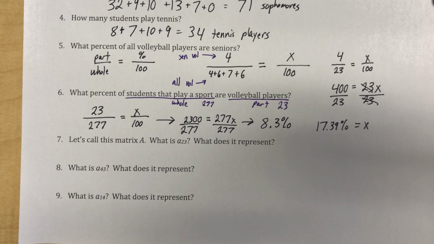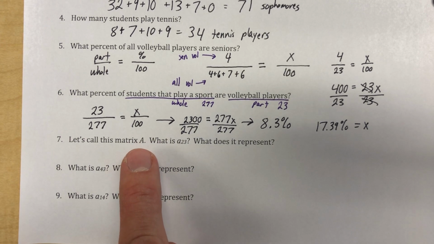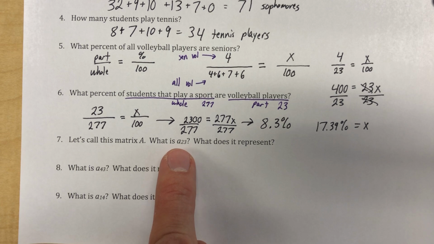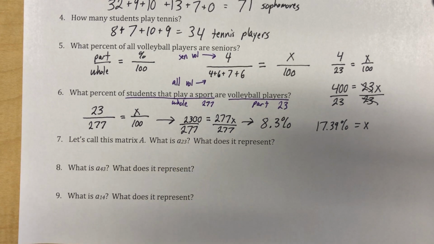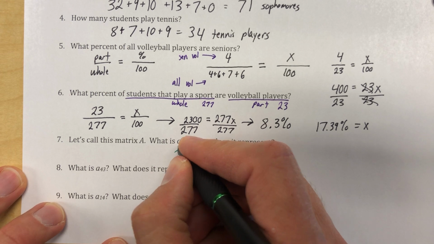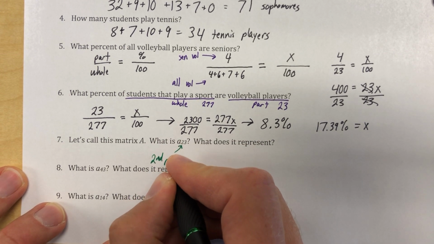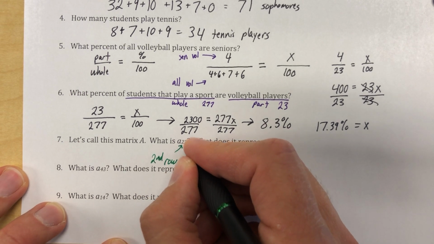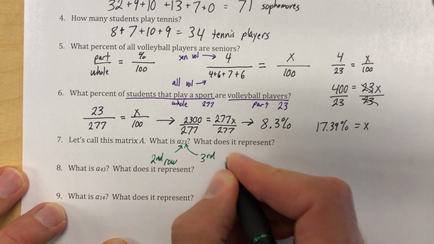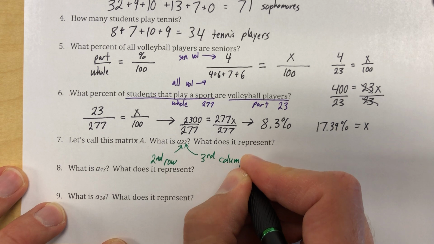All right, so let's talk about what this means. If big A is the matrix, then little a represents a number in the matrix. All right, now which number is it? Glad you've asked. The number that it is going to be the second row, and you guessed it, the third column.